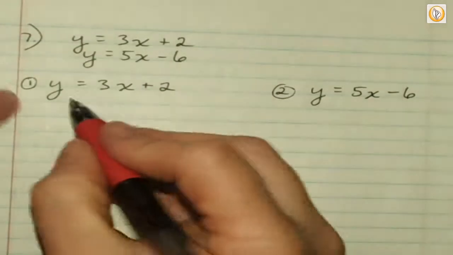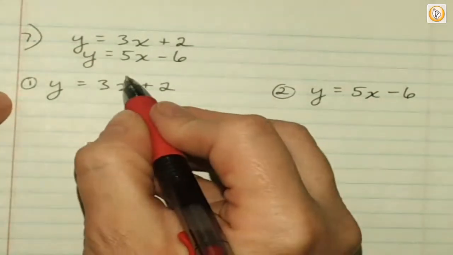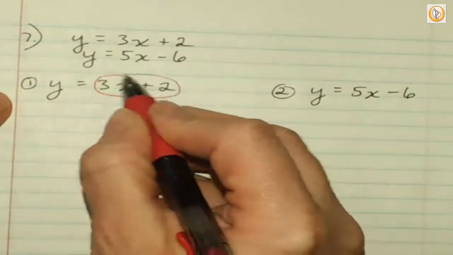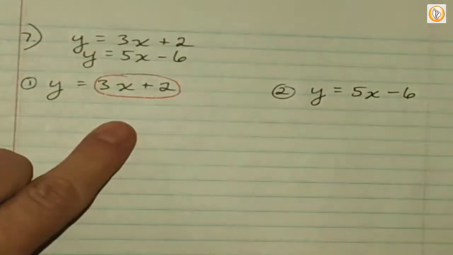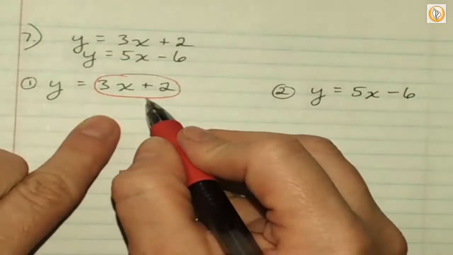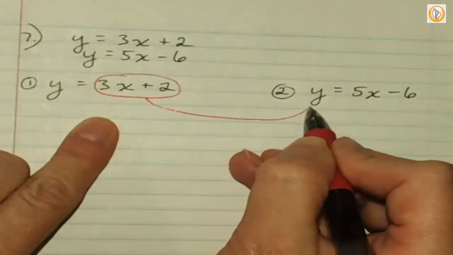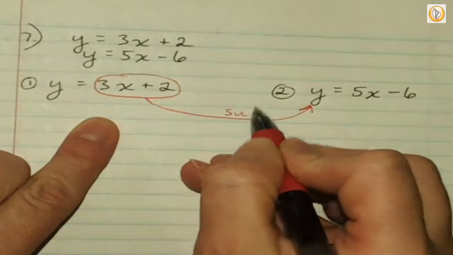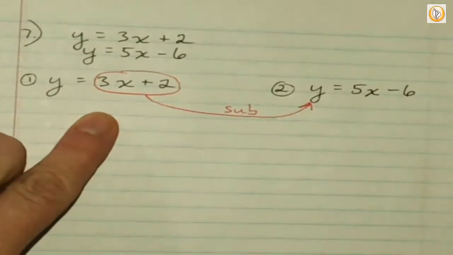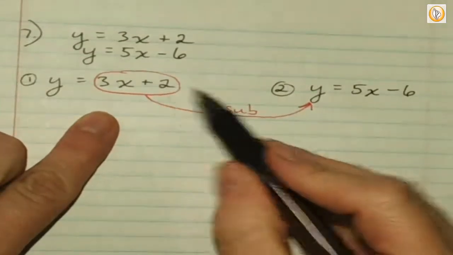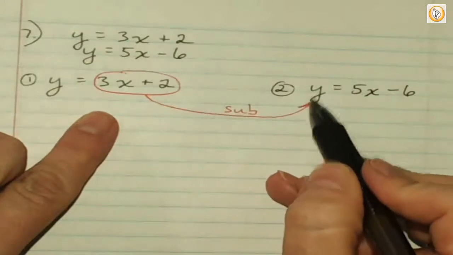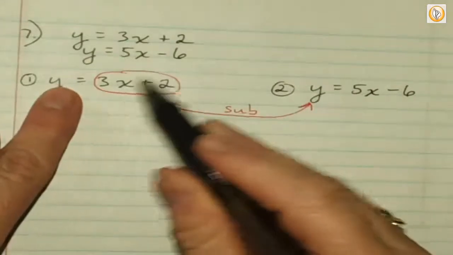Here we go. All right, if y equals this, we're going to take this whole section and substitute it in this y. Just like we did the last time, but it's a little bit more writing. So we're going to replace this y with what this one equals.